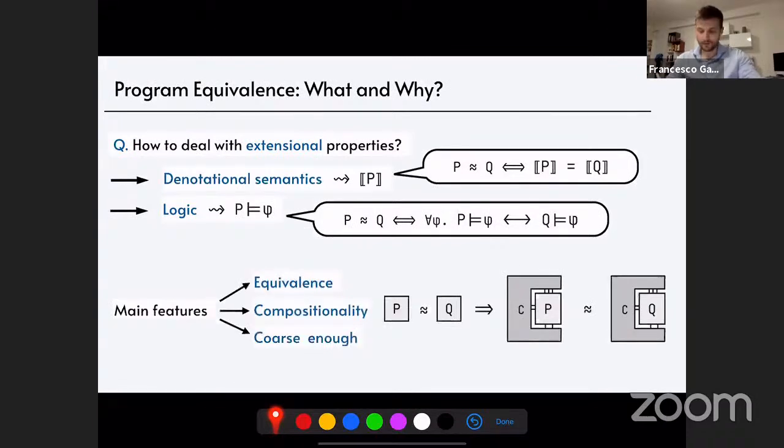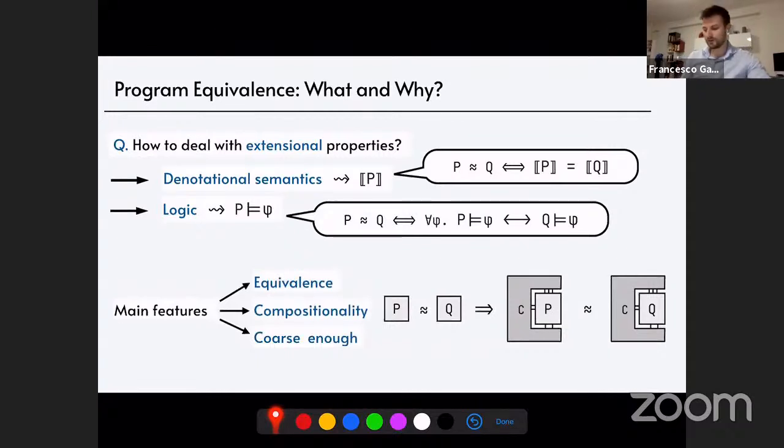And all these proposals share some main features that make them valid for the extensional analysis of programs. In particular, the notions of equivalence that we obtain are indeed equivalence relations, meaning that we have equational reasoning. We have compositionality, which essentially means that to study the behavior of a complex program, such as this one or this one, it is enough to study the behavior of its subcomponents in isolation.